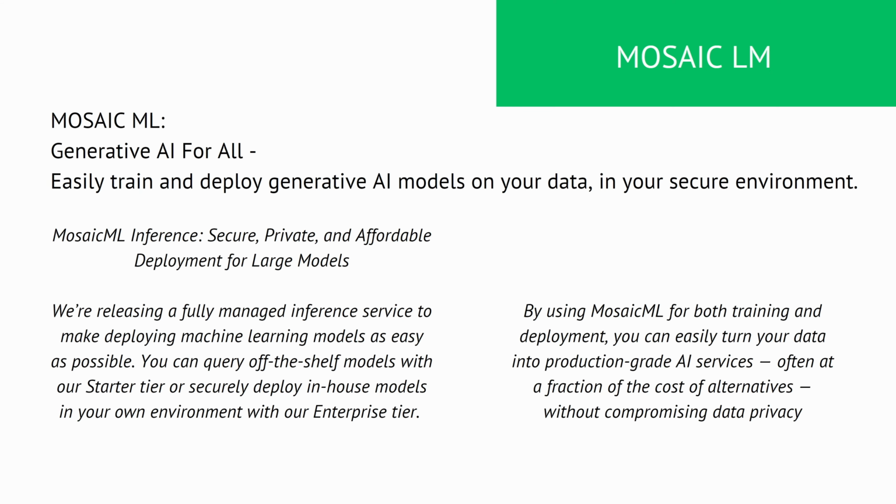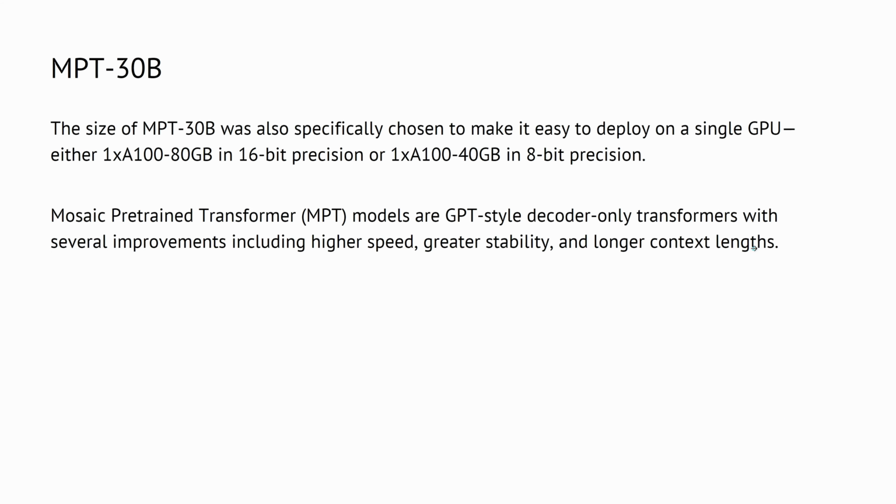Second, Mosaic language model. Great. They run an inference service, secure, private, affordable deployment of large language models. Great. Everything costs. I like it. I showed you the model MPT-30B. This model was specifically tuned to a size so that it's easy to deploy on a single GPU.